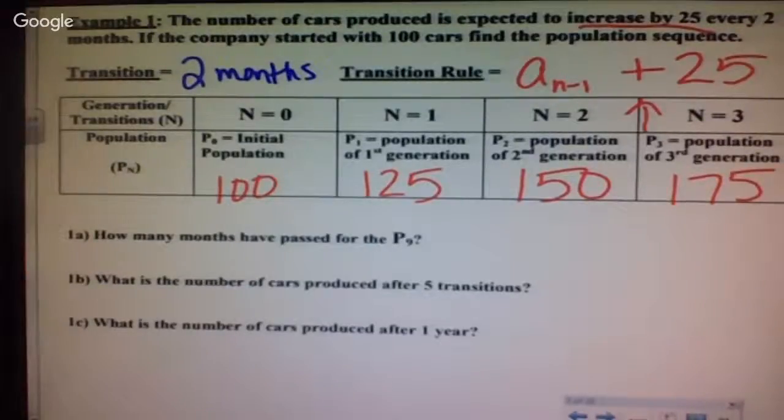Okay. So that means at n sub 0, I'm at 0 months. At n sub 1, 2 months have passed. At n is 2, 4 months have passed. And at n is 3, 6 months have passed.